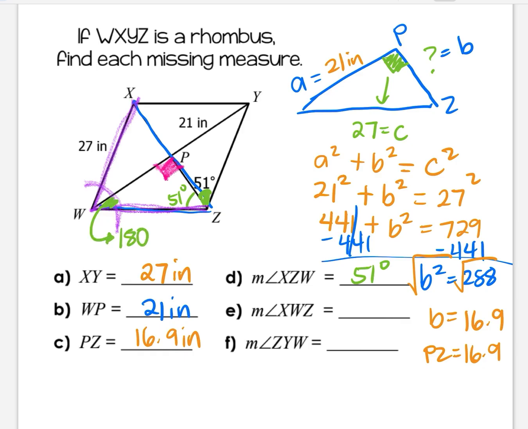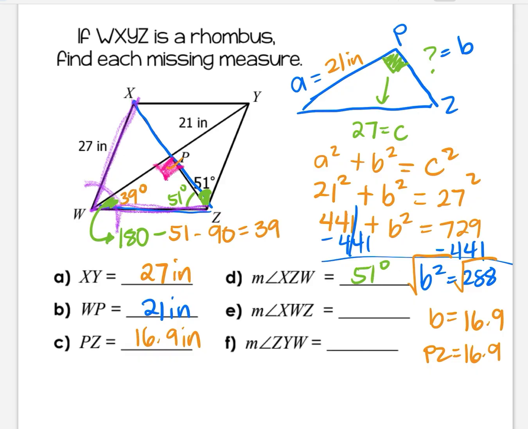Where did I get 180? Any type of triangle, as long as it's a triangle, the sum of the measures of a triangle is always 180 degrees. So I'm going to take 180 minus what I know. I know 51, one of the angles, and then I also know 90, so minus 90. So what is left is 39. So then therefore, this angle is 39 degrees.